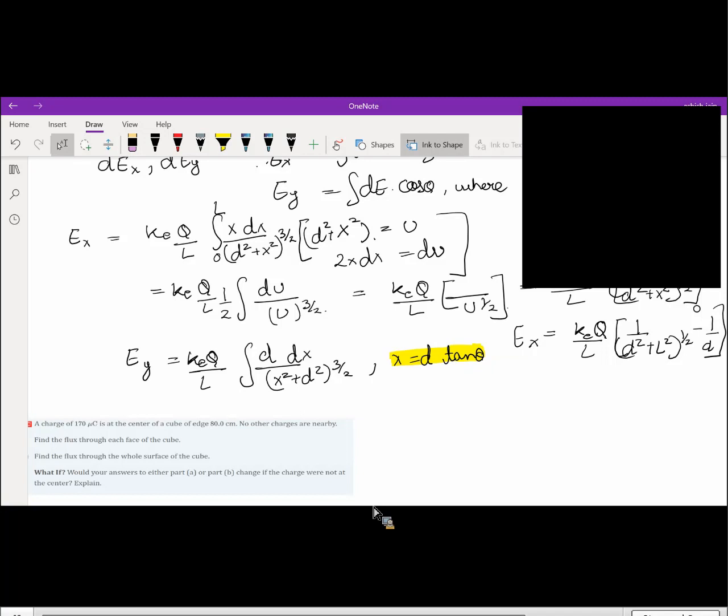Any integral of type 1 by x squared plus d squared, no matter the power, is always substituted as x equals d tan theta. That's one of the tricks in integration, because the integral of 1 over x squared plus a squared is 1 over a tan inverse x upon a. That's how you get this relation.